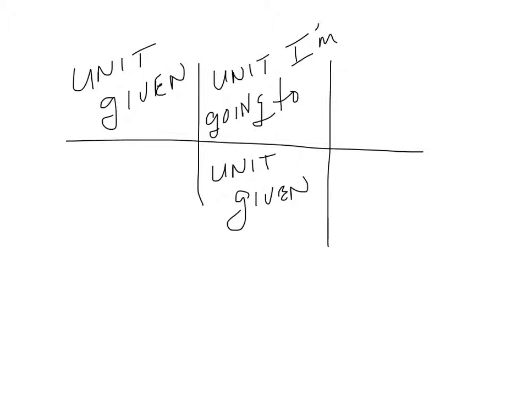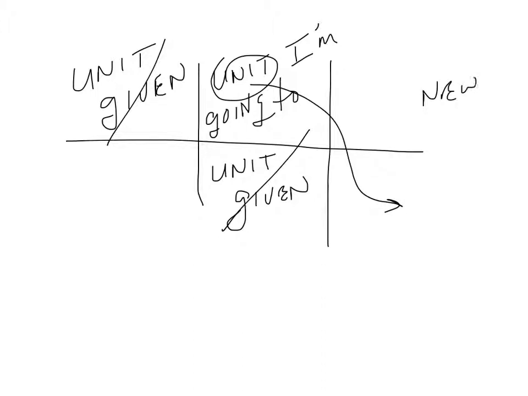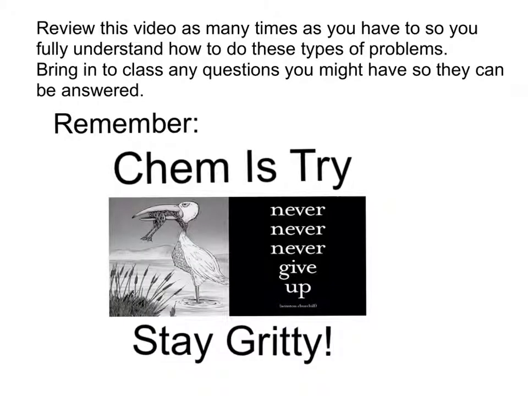Now if I only have to take one step, which I remember from my chart, then I would be done here. But if not, then I would take this unit and put it down here and put my new unit up here. And I just keep repeating this process on and on until I get to where I want to go. I want you to review this as many times as possible so you got it down.